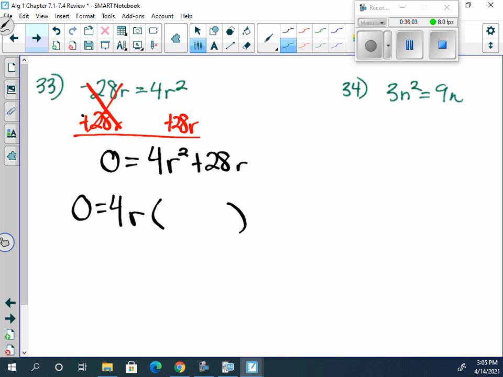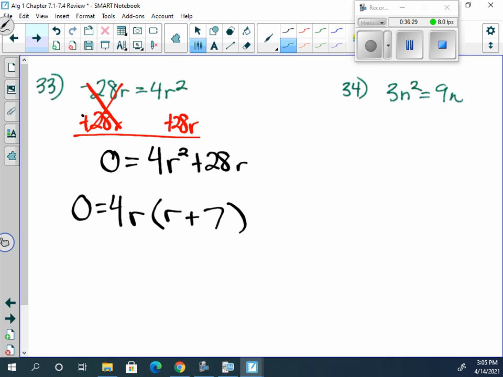Well, 4 divided by 4 is 1. R squared divided by r is r. So we can just write r. You can write 1r, that's fine. Or r by itself is also fine. Plus 28 divided by 4 is 7, and r divided by r is 1.